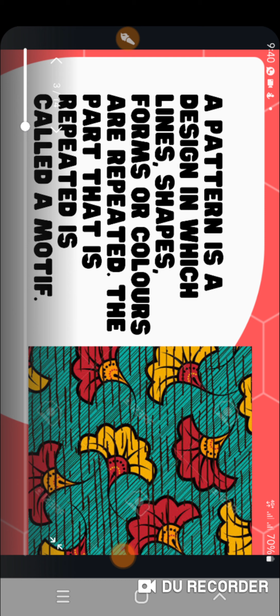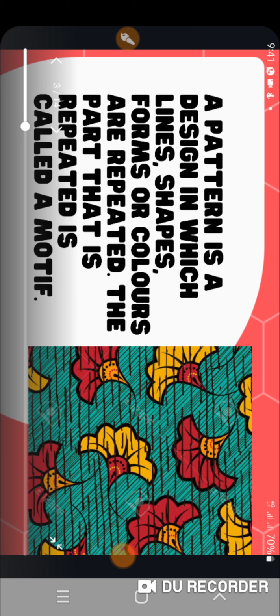No? Okay, can somebody tell me the difference between motif and pattern? A pattern is a design in which shapes, forms, or colors are repeated. A motif is not repeated, the pattern is repeated. Let me explain.